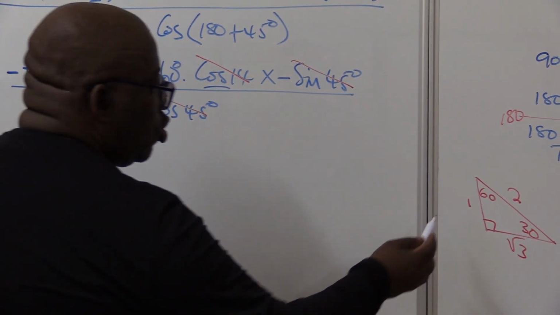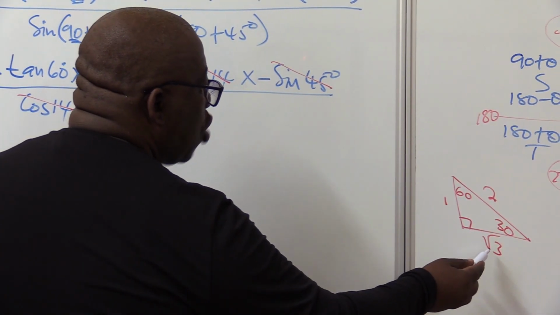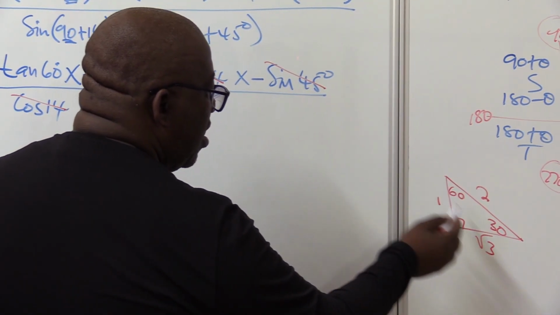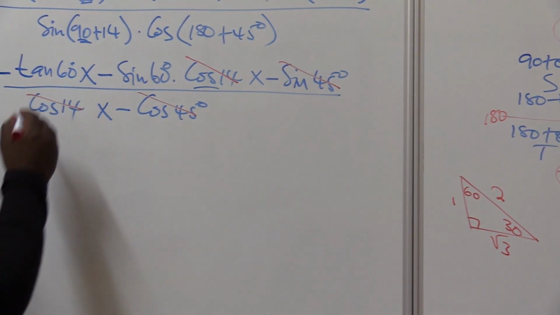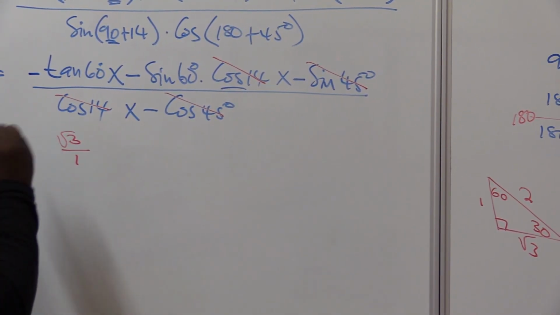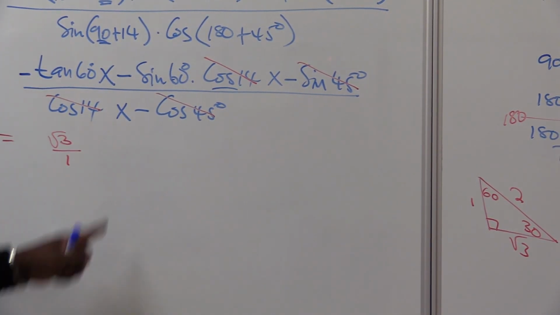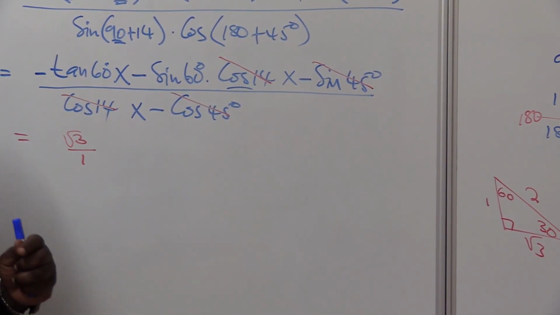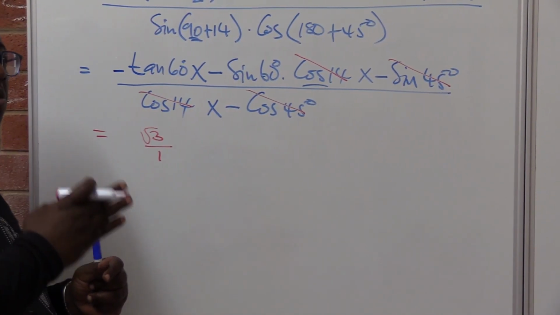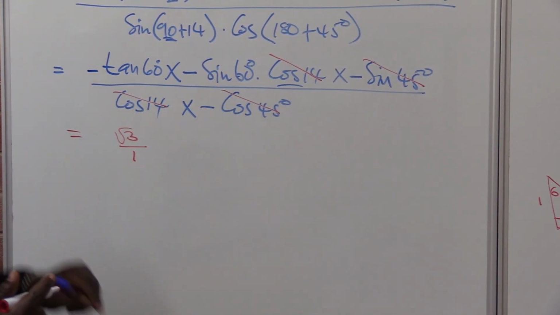Tan 60. Opposite over adjacent. So tan 60 is the same as root 3 over 1. That is tan 60. What then is sine 60? Remember your definition, it's opposite over hypotenuse. So we are looking for 60.